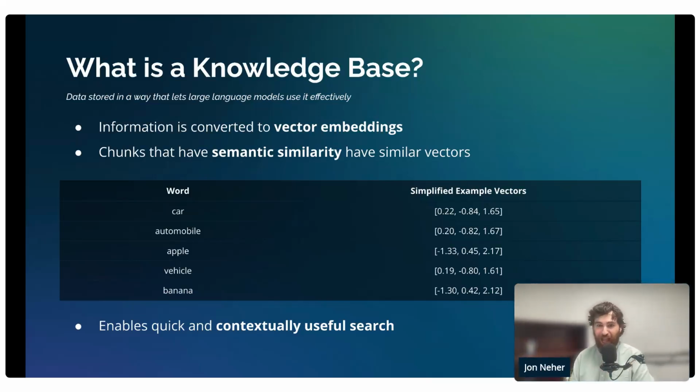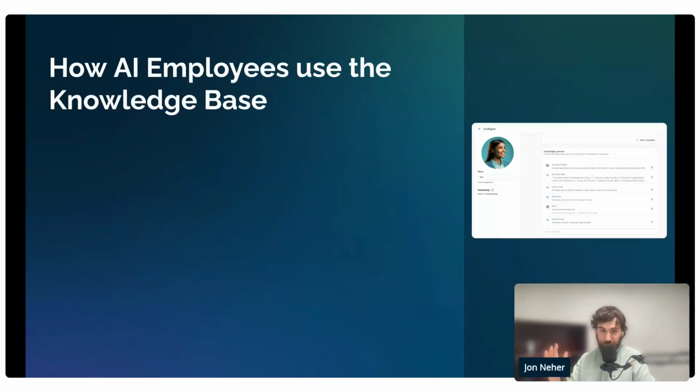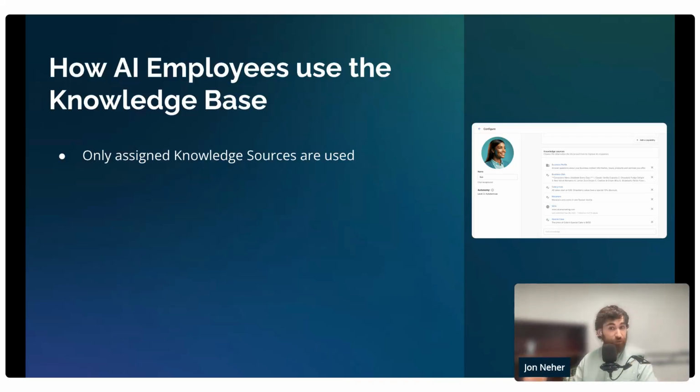So, how do AI employees use these? Every AI employee is assigned specific knowledge sources in its configuration, and we'll take a look at that later. This could be websites you've retrieved information from, PDFs you've uploaded, custom text you've entered, or your business profile information.